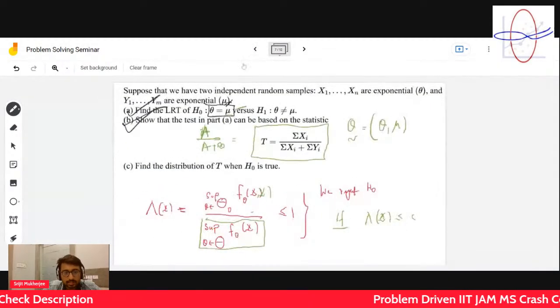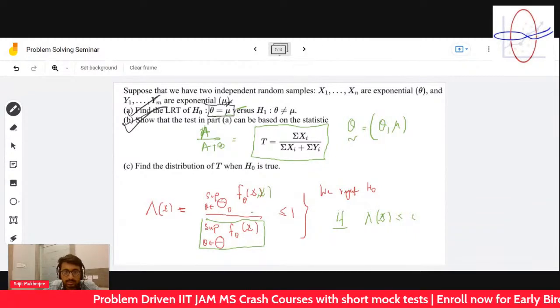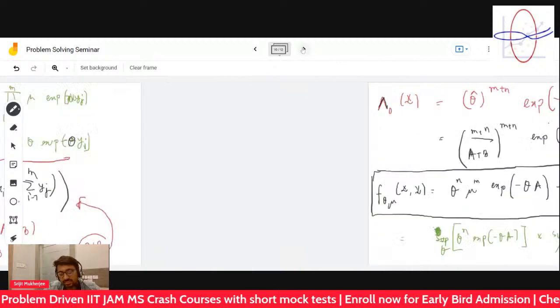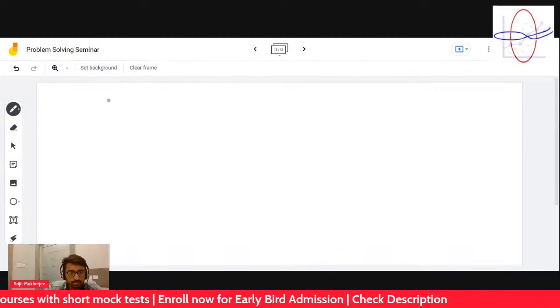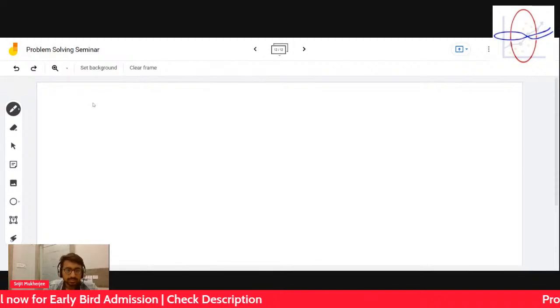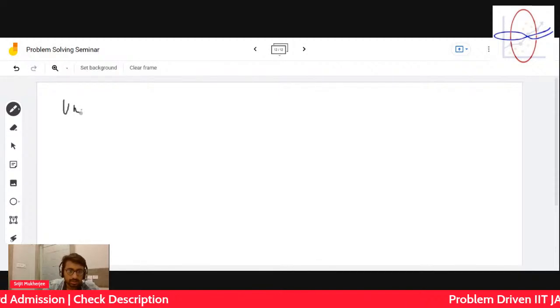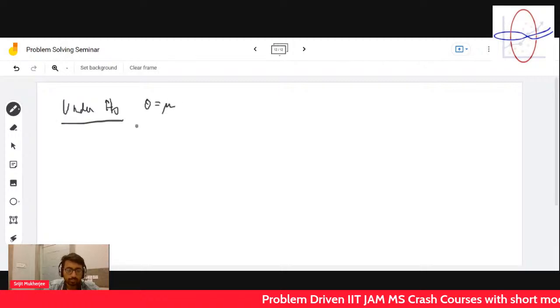Okay, so the last part is to find the distribution of t when H naught is true. That is, theta is equal to mu. That's very easy. Under H naught, theta is equal to mu.